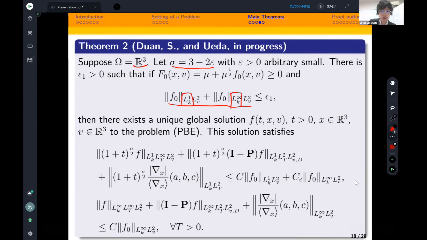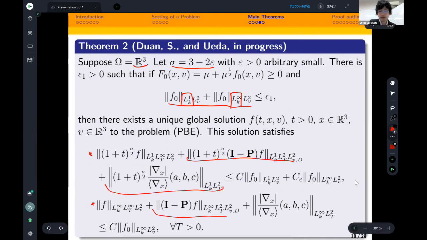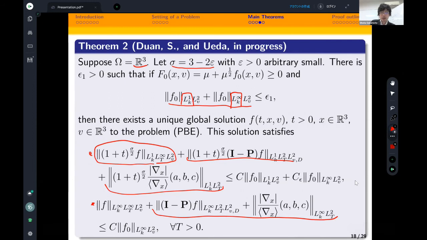And sorry for the messy inequality, but this says this one and this one are energy parts, and these two are dispersion terms. They are bounded by the initial data, well, the bigness of the initial data. And especially from this term, we can get time decay of a solution.